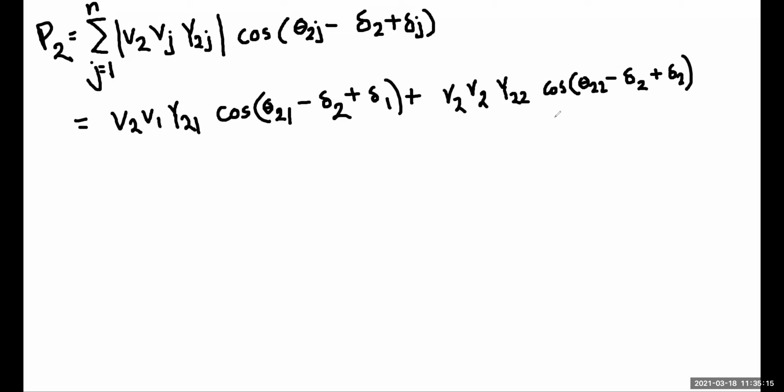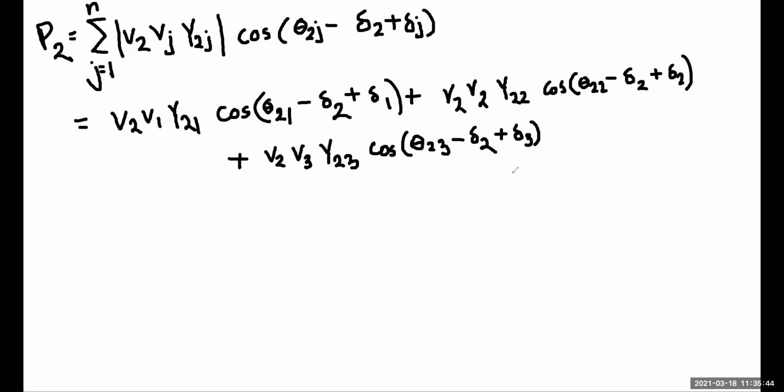Next formula will be this one: V2, V3, Y23, cos theta 23 minus del 2 plus del 3. Okay?